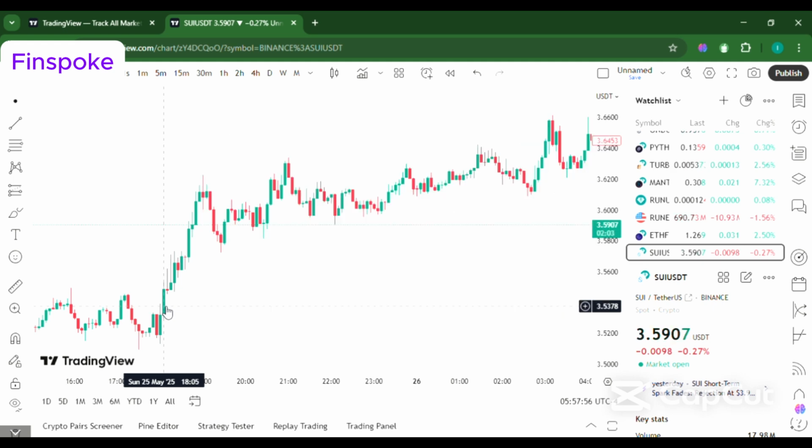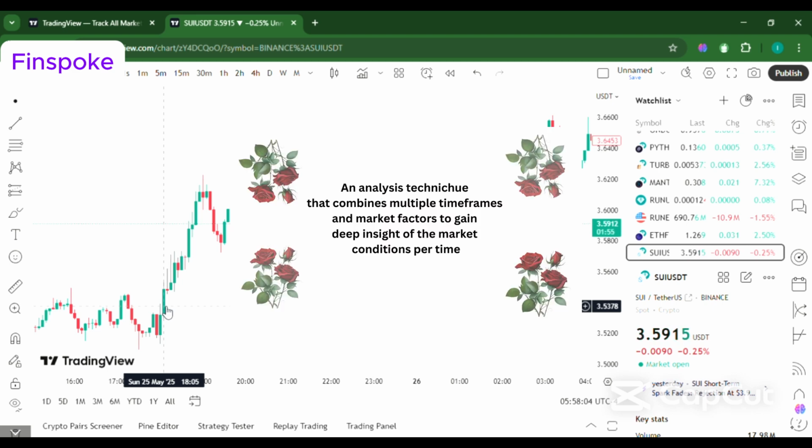Before we dive in deeply, what is top-down analysis? Simply put, it's an analysis technique that combines multiple time frames and market factors to gain deep insights of the market condition per time.